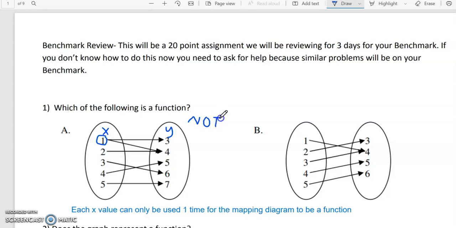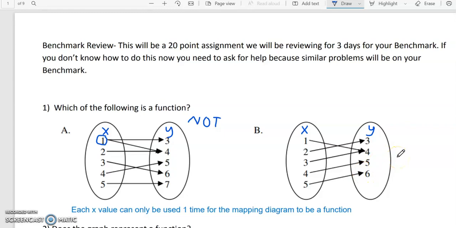And then if I look at B, I see that each of my x values of my mapping diagram, or what I could say the input, is only used one time. So 1 is paired with 4, 2 is paired with 3, and each of those x values are only used one time. Now my y value 4 does have two x values, but that's okay. It still represents a function because it would still pass a vertical line test if you were to graph these points on a coordinate plane.